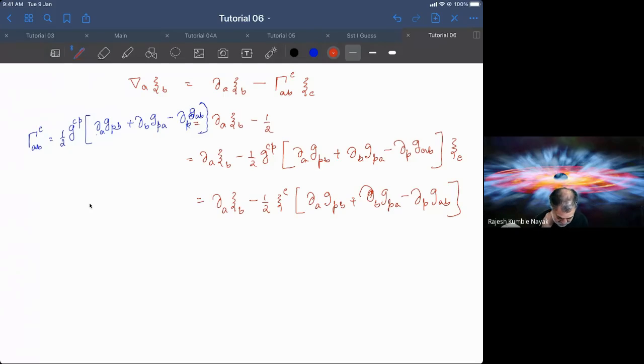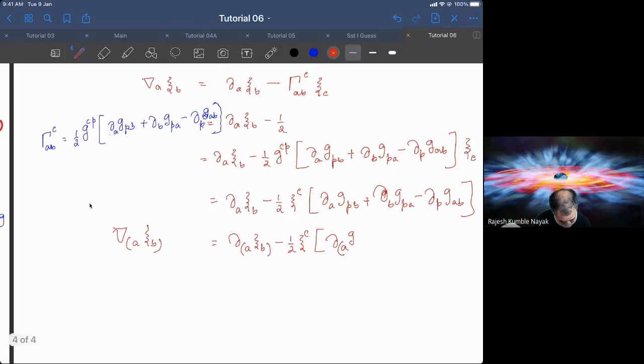Okay, now we see that what we want is the del A xi B. That means we have to symmetrize between the indices. You can go through the whole calculation of flipping B and A and then doing all that. But in a compact notation, you simply say that we do this on both sides, symmetrize on both sides with the indices A and B. So you have A here, okay. There is another notation here.